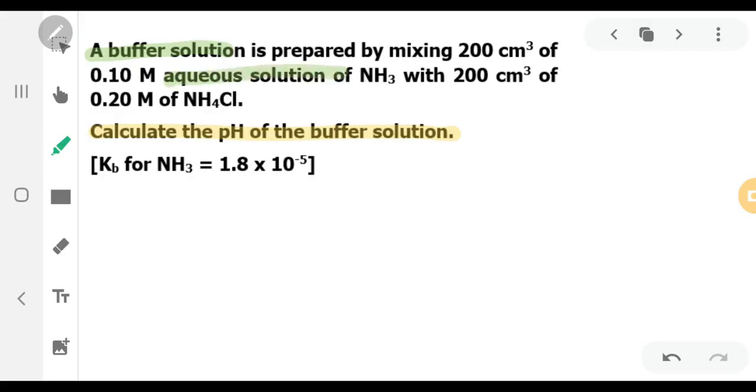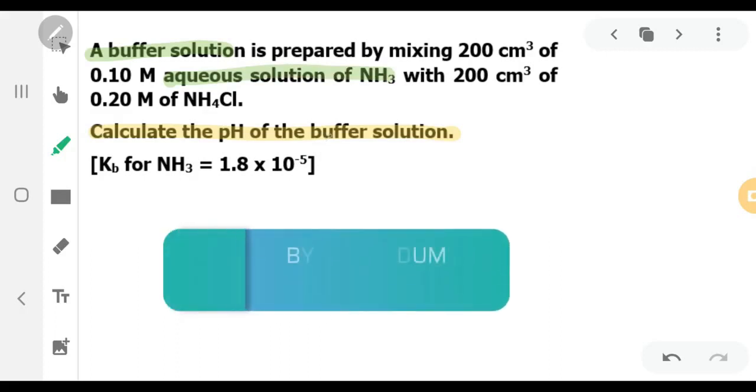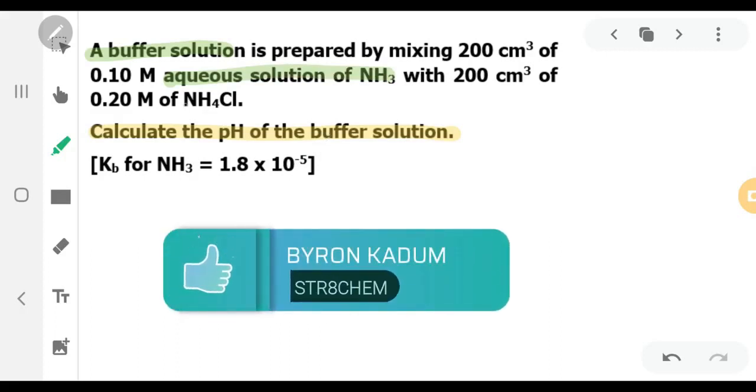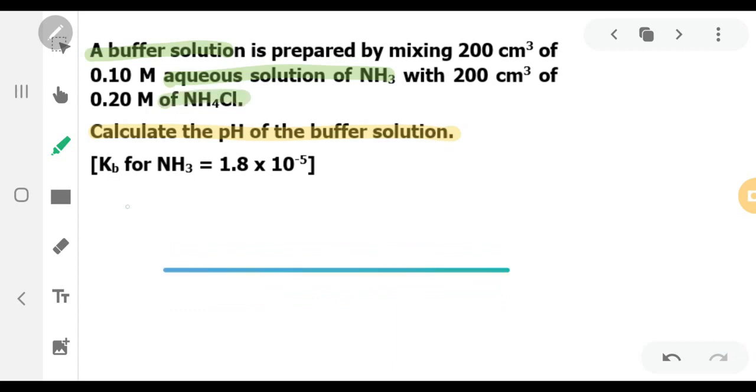It involves ammonia, NH3, which is a weak base, with the salt. So that is the salt right there. And another clue that tells you the buffer solution we need to work with is basic is the Kb value given to you.